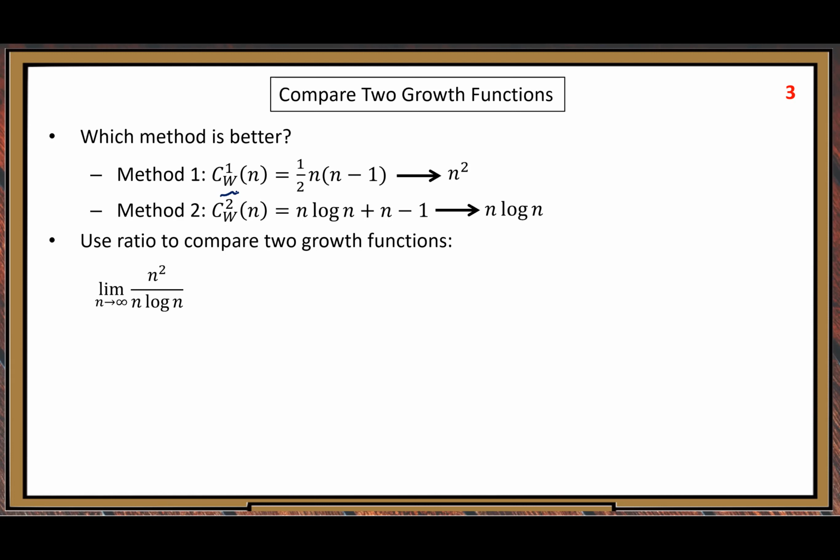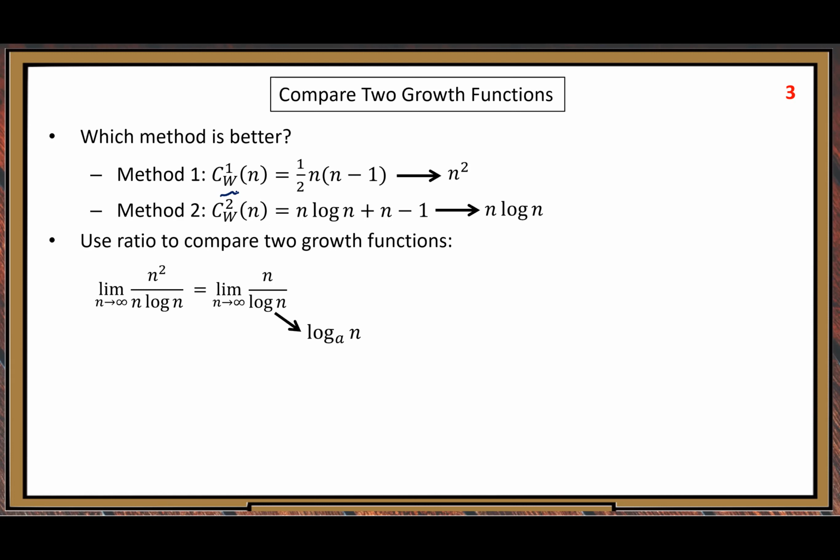After cancellation, we find the limit when n goes to infinity of n over log n, the n function over the log function. But what is the base of this log?